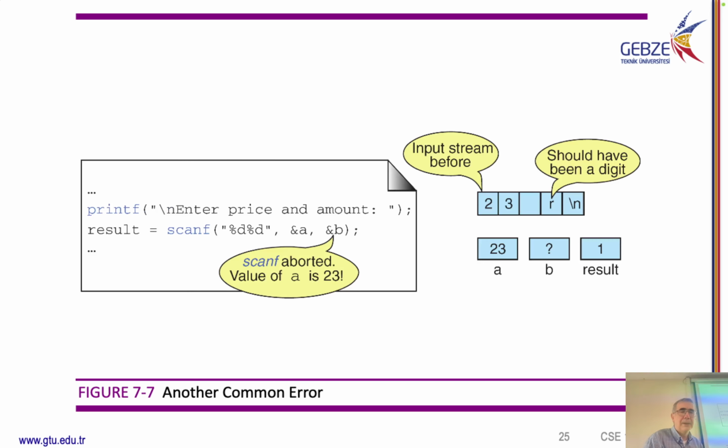So one error is, this is interesting. In memory, you have 23 and a space R, and you are reading it as a digit. Therefore, the character is read incorrectly.